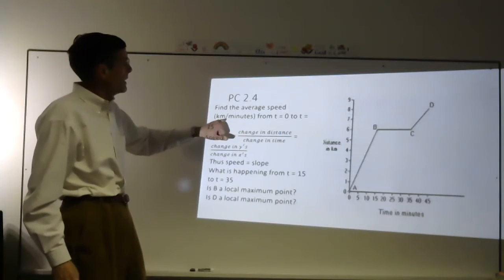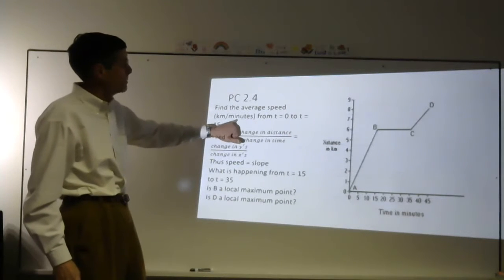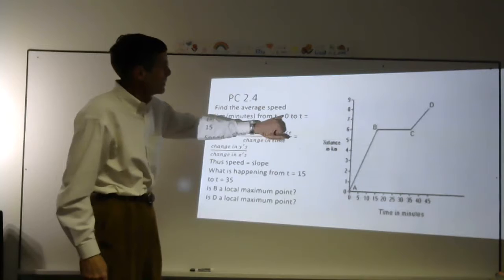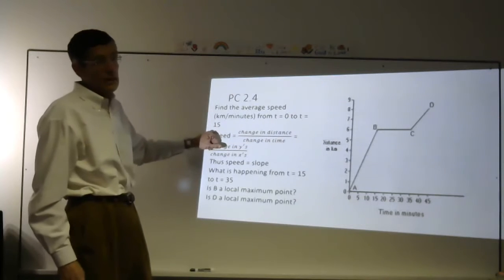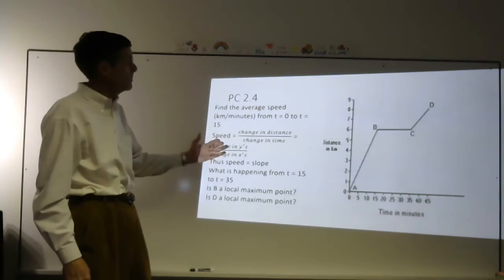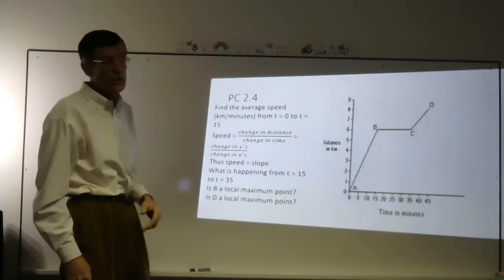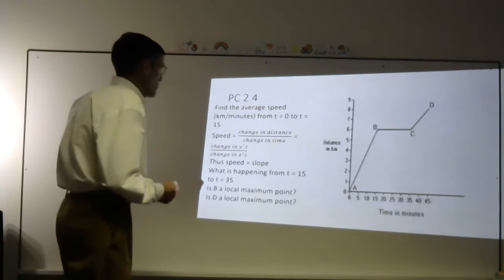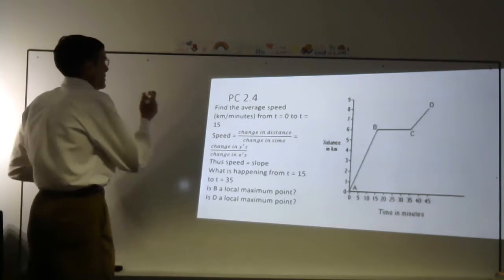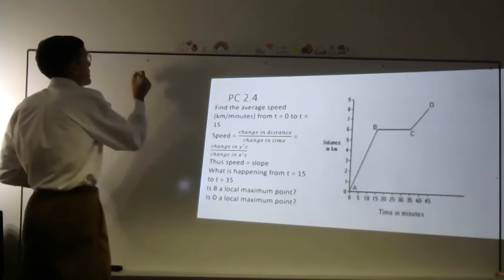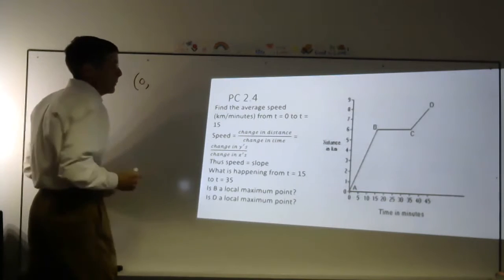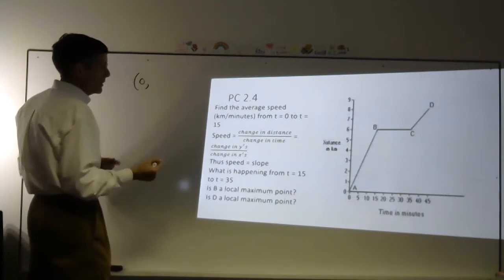Suppose we want to find the average speed in kilometers per minute from t equal to 0 to t equal to 15. Okay, now we know speed is a change in distance over a change in time. So what we want to do at t equal to 0, we know we've traveled 0 distance.